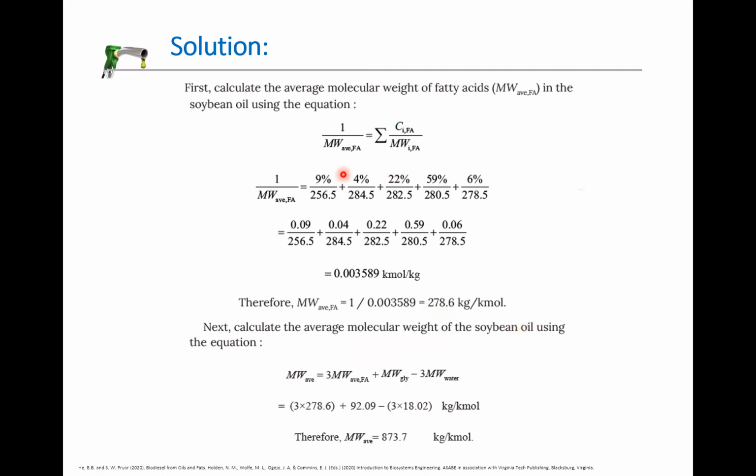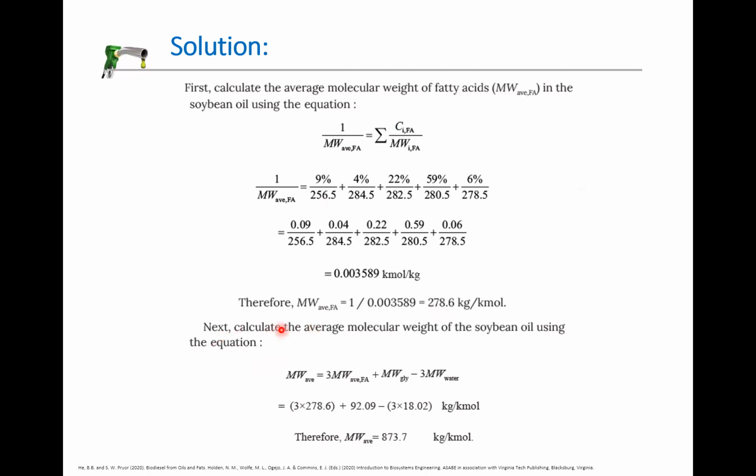Then we have to calculate the average molecular weight of the oil itself. This is the average of fatty acids, as if it's one average fatty acid in the oil, but in reality, it's different from one to another. So we just get the average value for the fatty acids in this case.